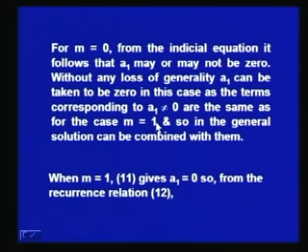So, they can be absorbed there, and the general solution will not be affected, and therefore, in the case m equal to 0, without any loss of generality, we can assume that a1 is equal to 0.